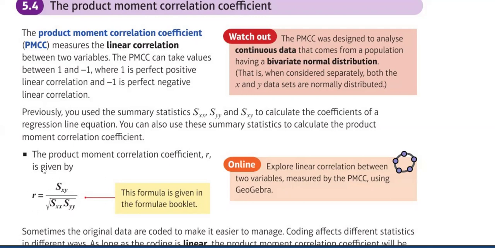Linear correlation, we can find using this formula. R, this product moment correlation coefficient, equals Sxy, you know about that, divided by root of Sxx into Syy.